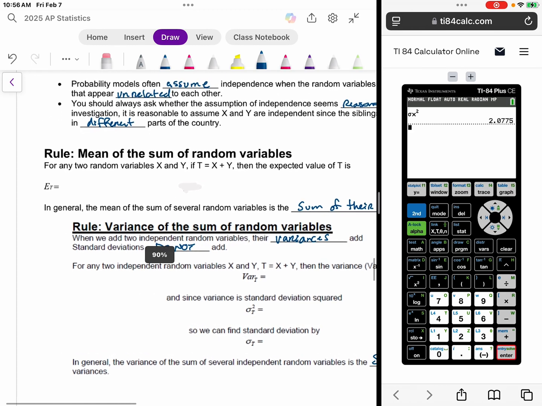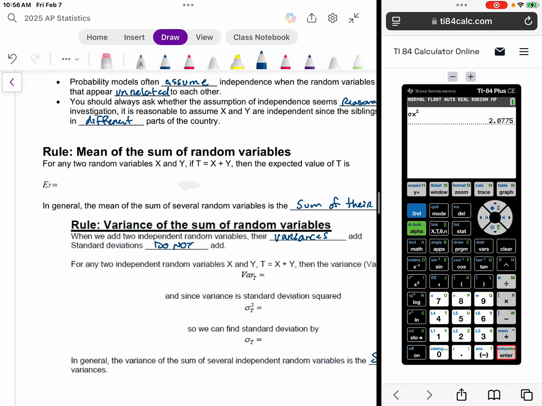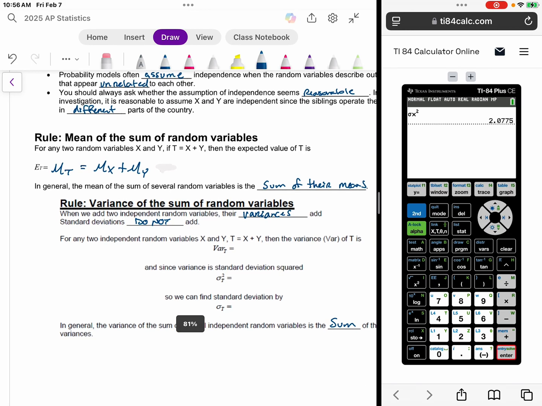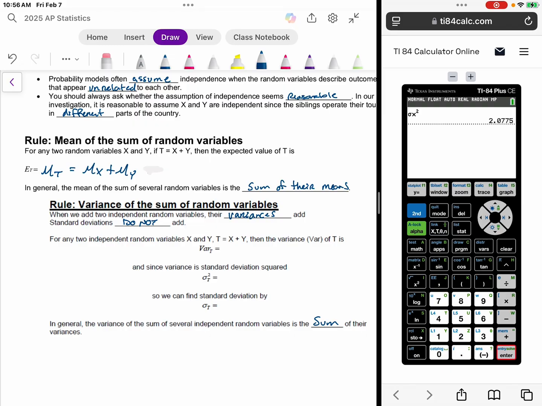Our expected value of t is equal to the mean of t, which technically is equal to mu of variable x plus the mean of variable y. So the expected value of t is actually the mean of t, which we know we can just add the two means together. So in general, the mean of the sum of several random variables is the sum of their means. So if we had 3 random variables, we could add all 3 of the random variable means together to get the mean of the total. Okay? If I have to do standard deviation, different story on how I have to go about that. And that's what we get to practice here in a bit.